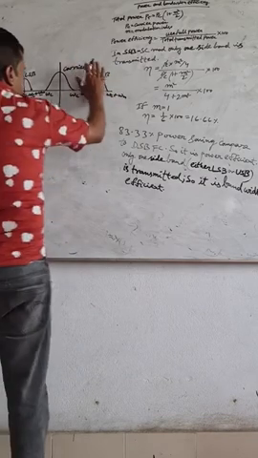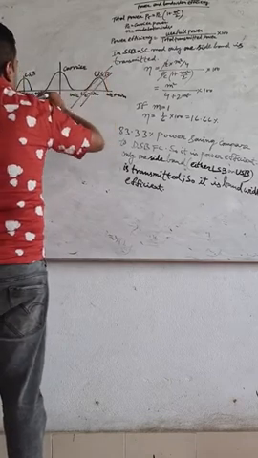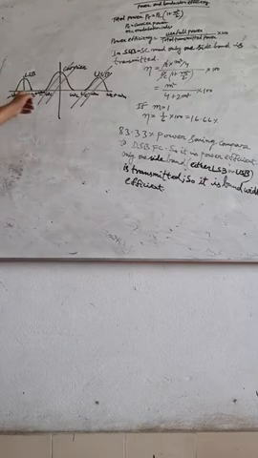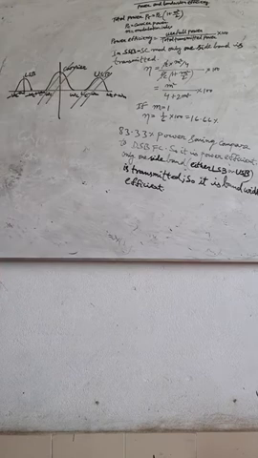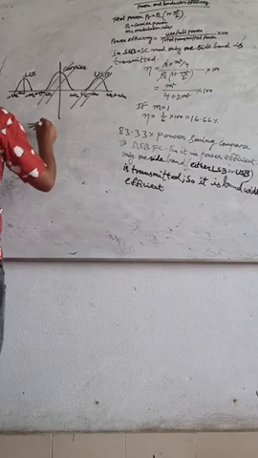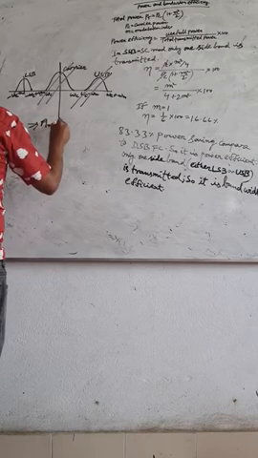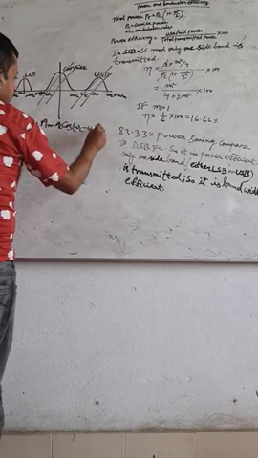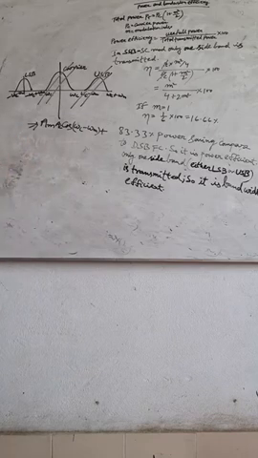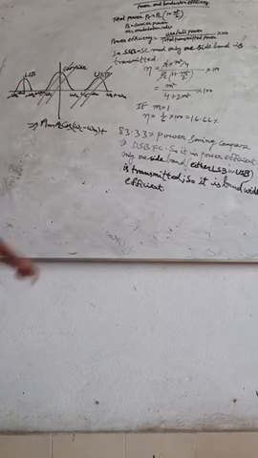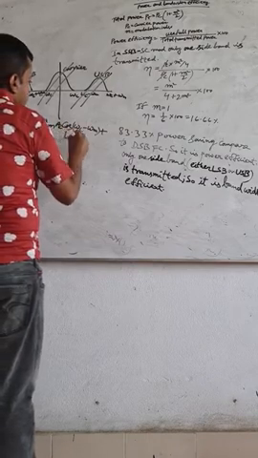Now we have suppressed one sideband and the carrier; we are transmitting only one sideband, either the LSB or the USB. Suppose we have suppressed USB, so your equation will be A into AC cos of (omega C minus omega N) T. This is for LSB that I am transmitting.